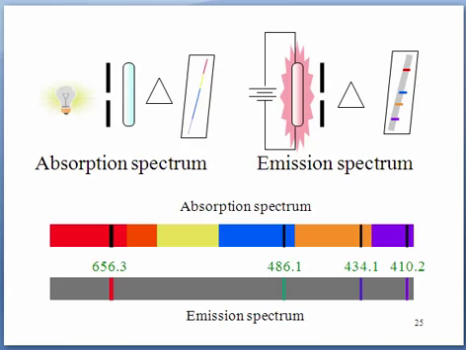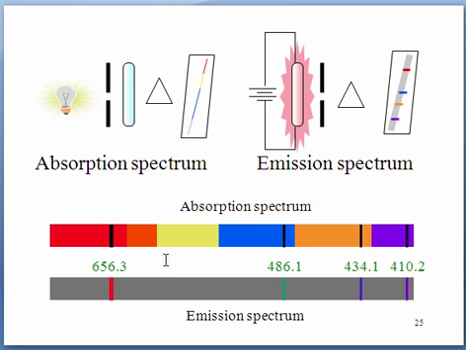Another thing that puzzled scientists was the absorption spectrum. And here we have an absorption spectrum, and an emission spectrum of hydrogen. Hydrogen absorbs electromagnetic radiation, but again, only very specific wavelengths. And it emits these wavelengths that are exactly the same.